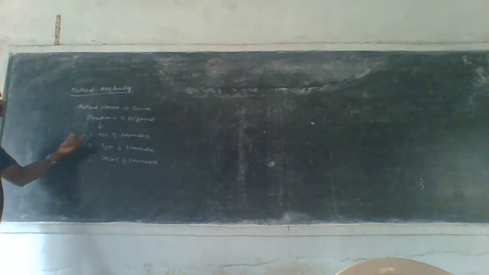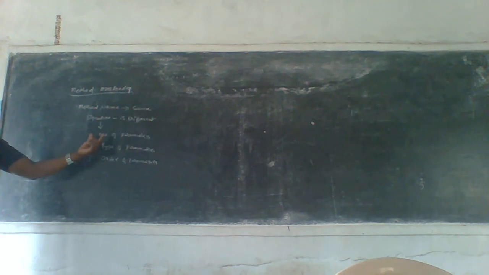Okay, these three points are called method overloading. So method overloading means method name must be same and its signature is different.